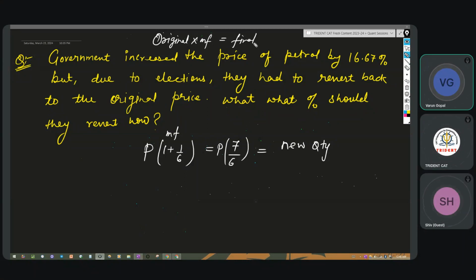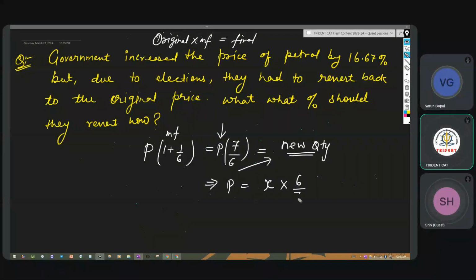If I have to go back from my new quantity, obviously I need to reduce some part of it. Does that not make sense? For the increment or decrement, I just need to transfer this multiplying factor to the other side. That is going to be whatever that new quantity was, let's say X into 6 by 7.